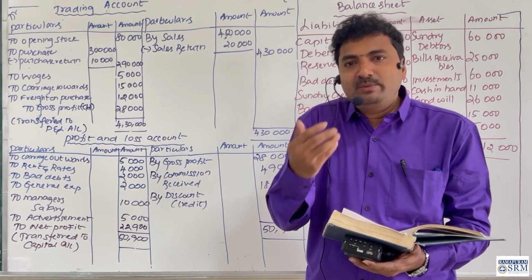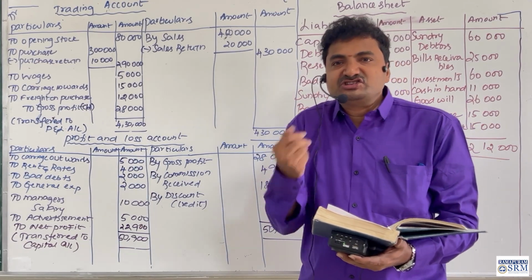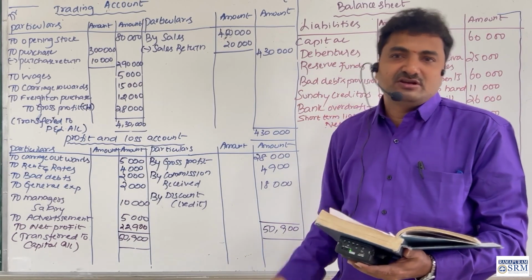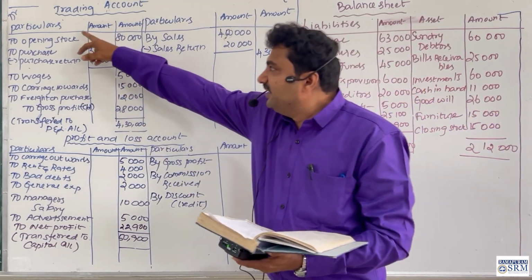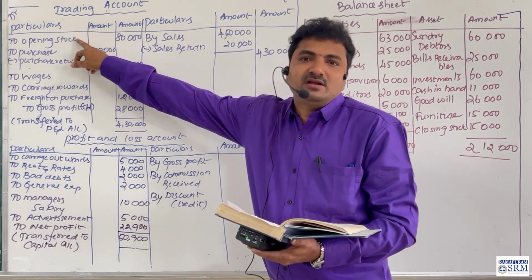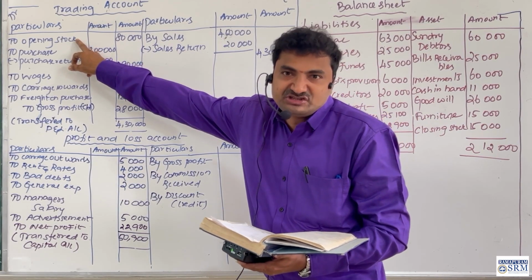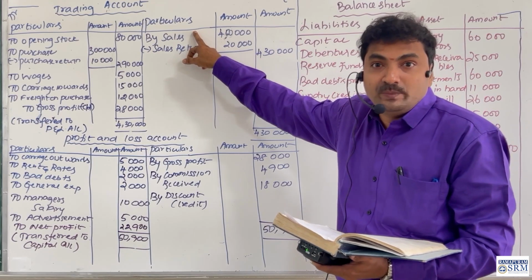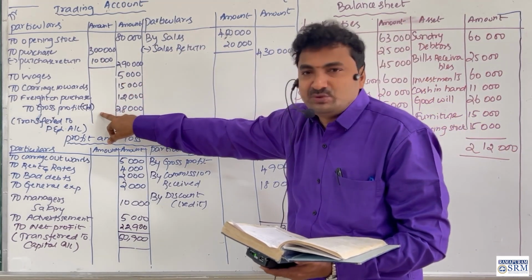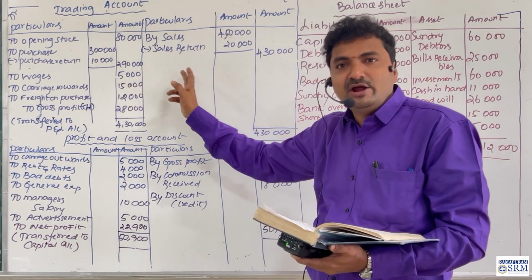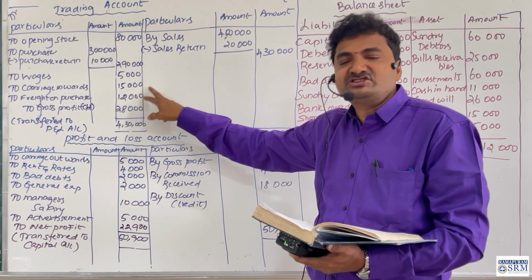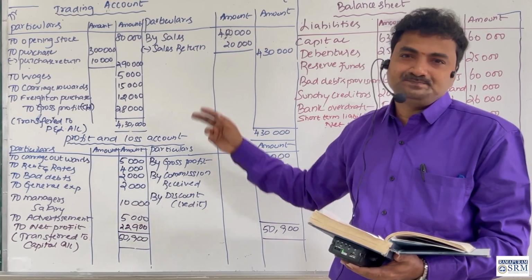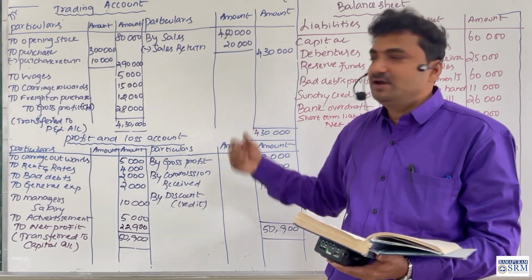Sometimes your company may get gross profit. Sometimes your company may get gross loss. For example, the debit side total value is 20 rupees and the credit side total value is 18 rupees. So expense is 20, income is 18, 20 minus 18, the 2 rupees you can call gross loss.